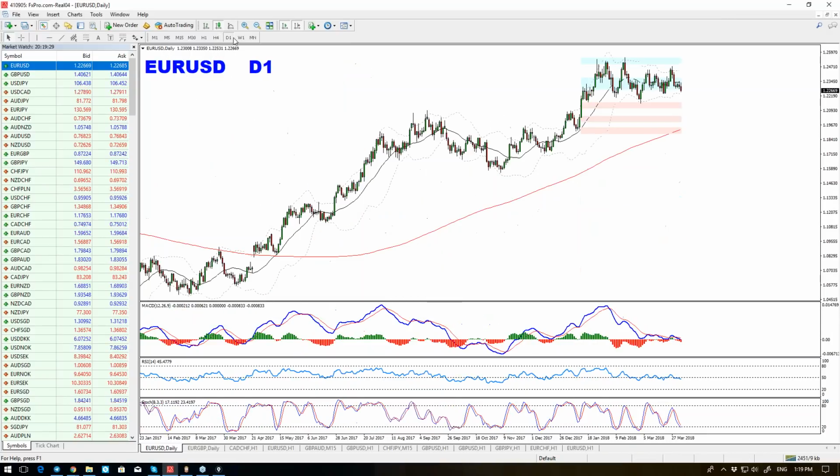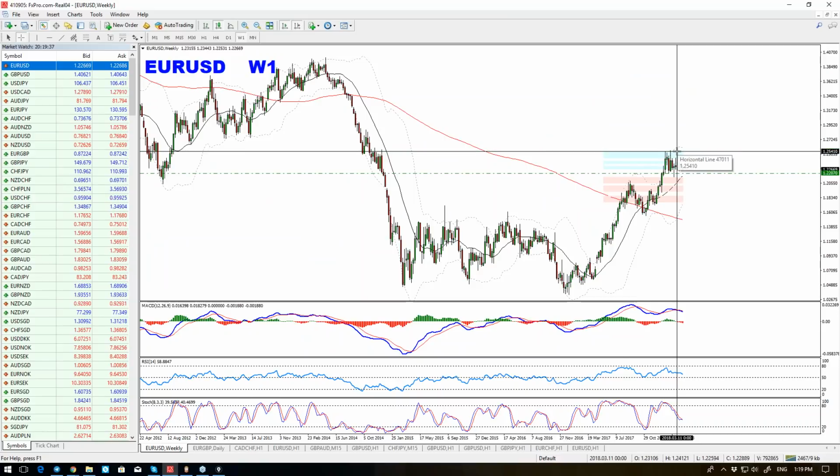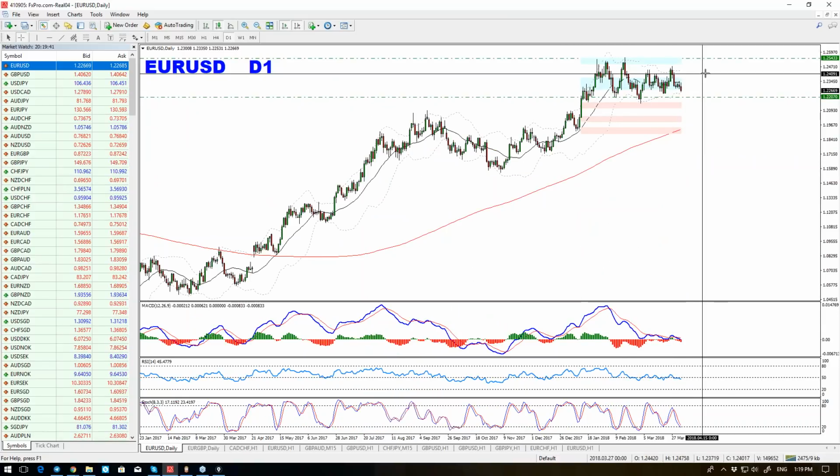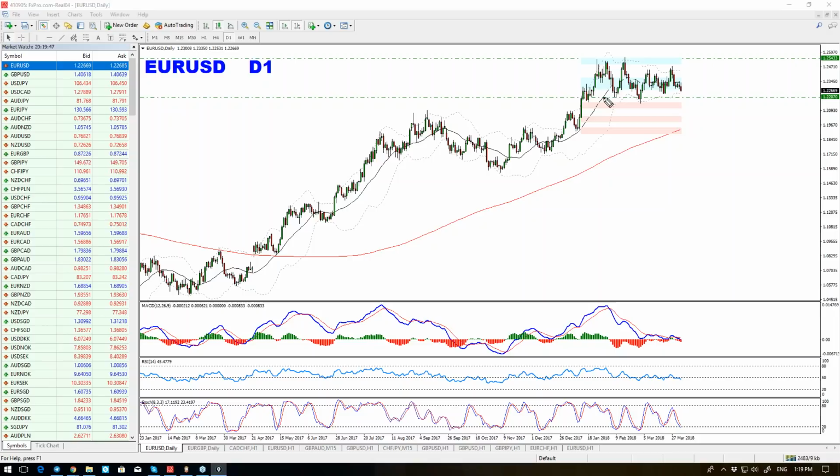So bottom line for the euro dollar. We prefer to go with the sell direction as long as we are below the weekly top, and inside the daily range, we prefer to sell the rallies for the longer run. For the short run, we still can see the euro dollar bouncing from the bottom of the range and making pullbacks.